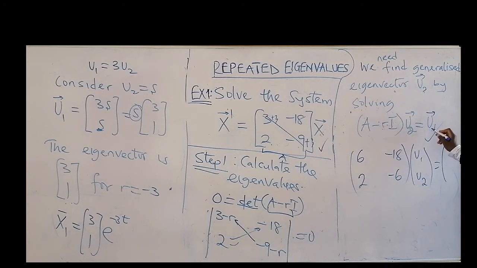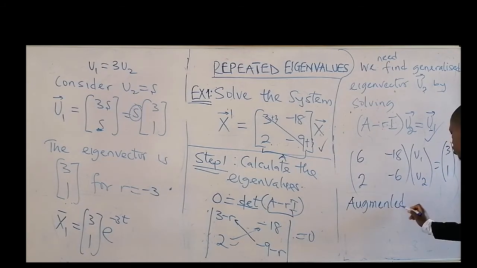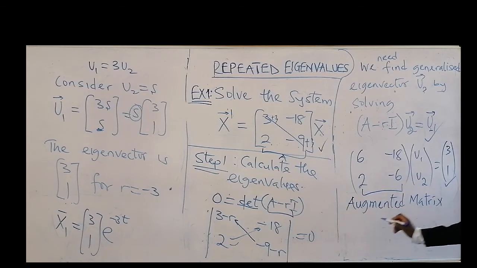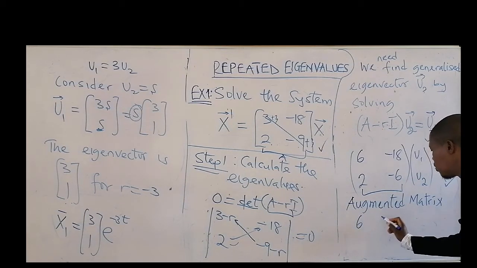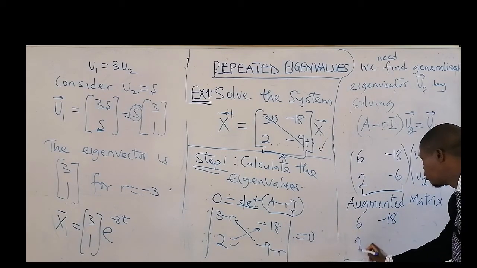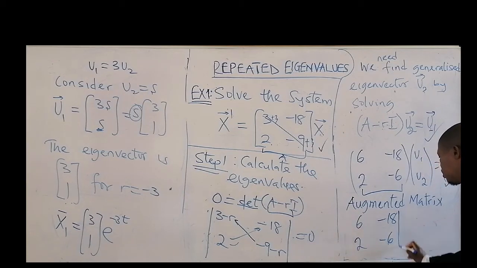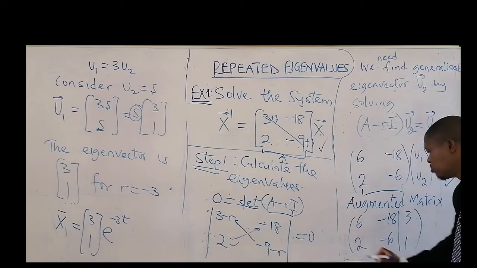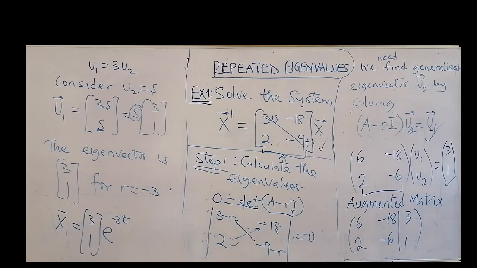We have this eigenvector, which is 3, 1. The augmented matrix will be a combination of this one, that will be 6, minus 18, 2, minus 6 with a line, 3 and 1. So that's the augmented matrix.